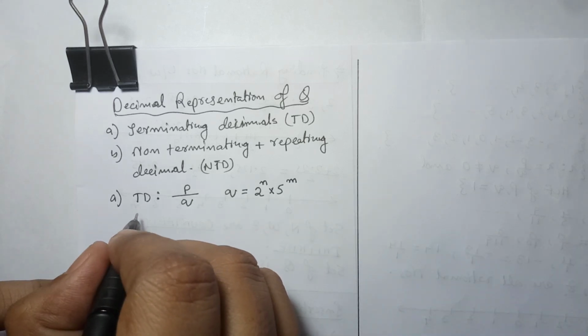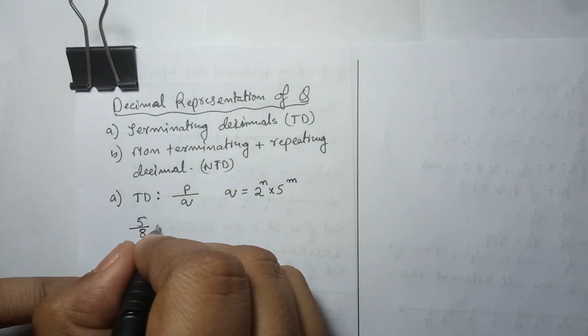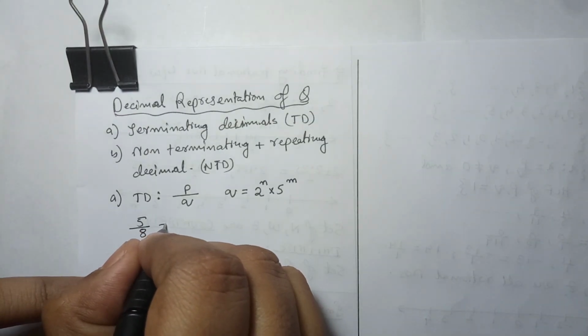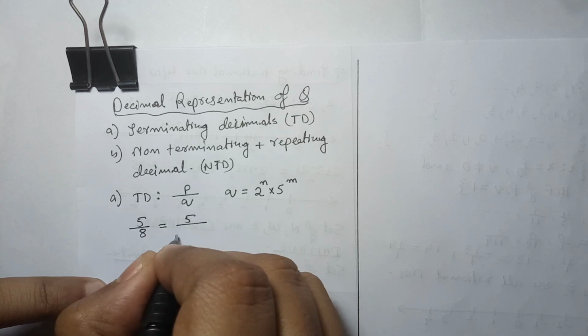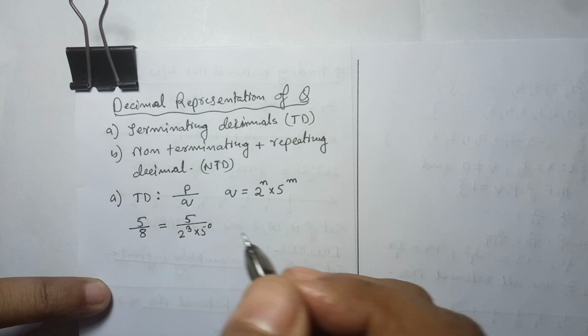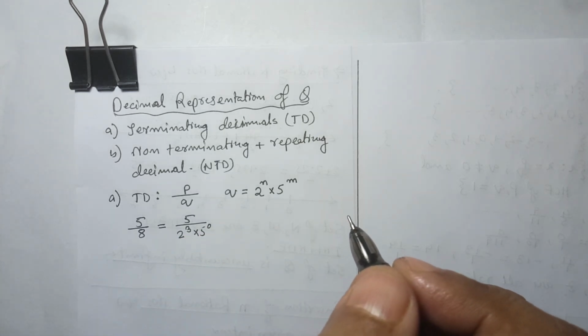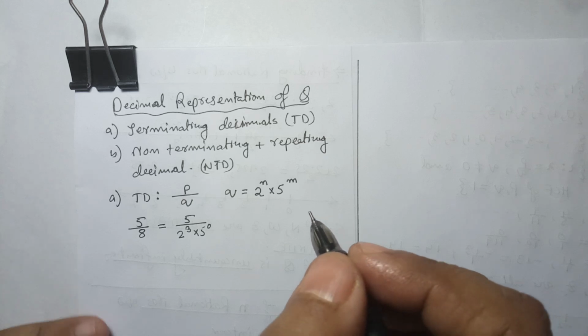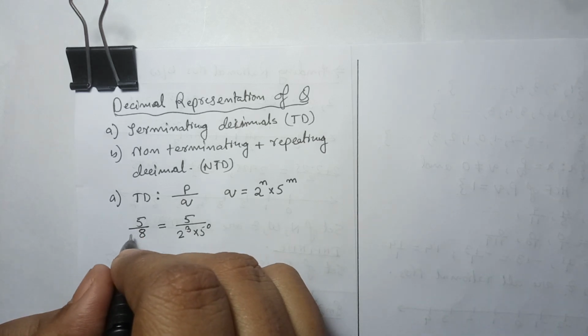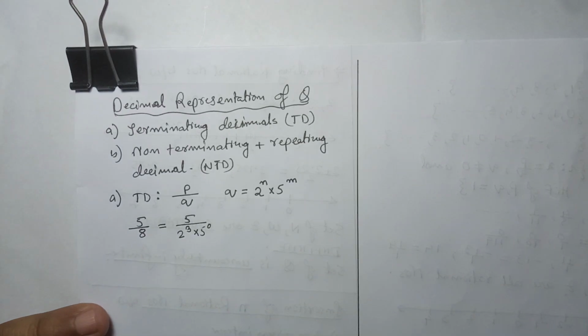For example, if you take 5 by 8, it is 5 by 2 cube into 5 to the power of 0, so in this case I can say it is a terminating decimal. You can check it out. You can divide 5 by 8. What will you get?